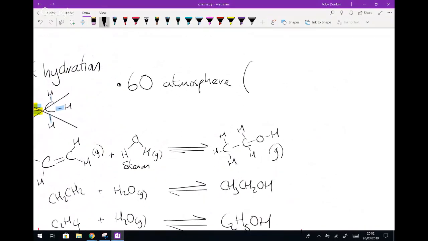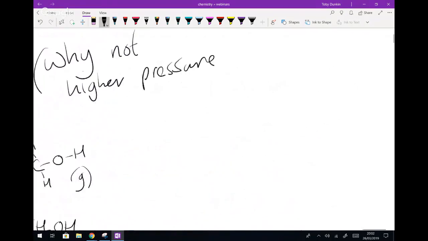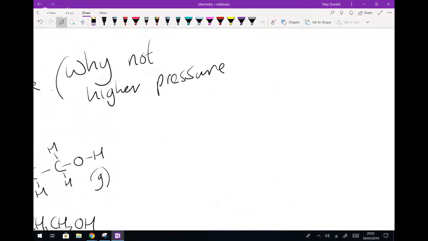The reason. Question, why not higher pressure for better yield? There is a very distinct answer to this industrial process.